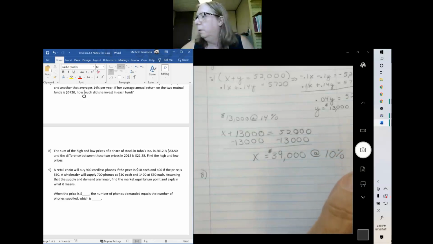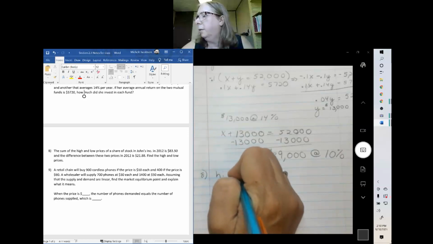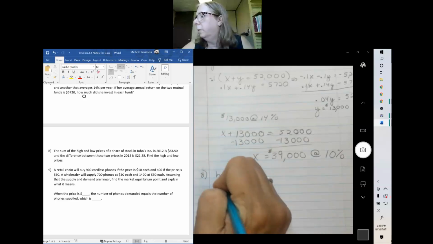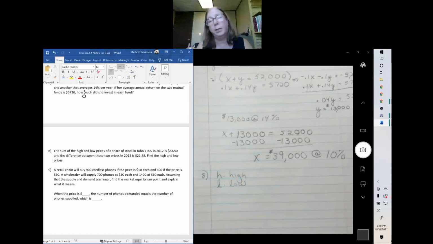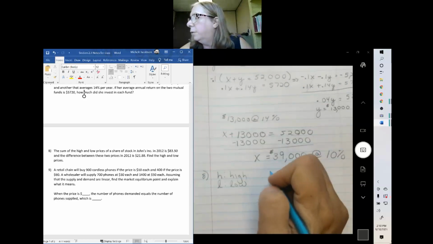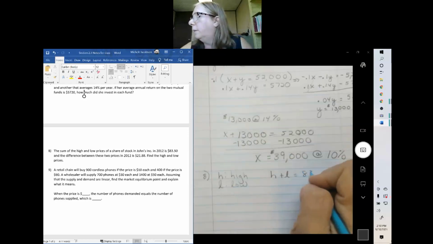But number 8, you have a high value that he sells it at and a low value. And I'm just using letters so we know what they stand for. You could use X and Y. It says the sum of the high and the low price of a share of stock is 83.50. So the sum, H plus L, is 83.50.